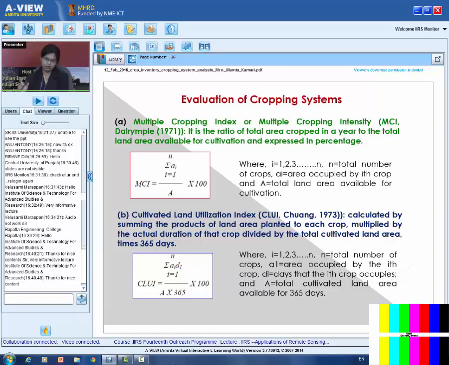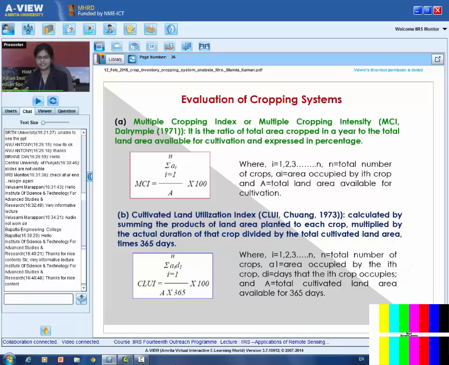So multiple cropping index as well as area diversity index would be high because we are taking two crops in a year and we are taking two types of crops in a year. But cultivated land utilization index, CLUI, would be higher for the first condition, that is for long duration crops. Why? Because in a year, most of the time crops were present on the land.